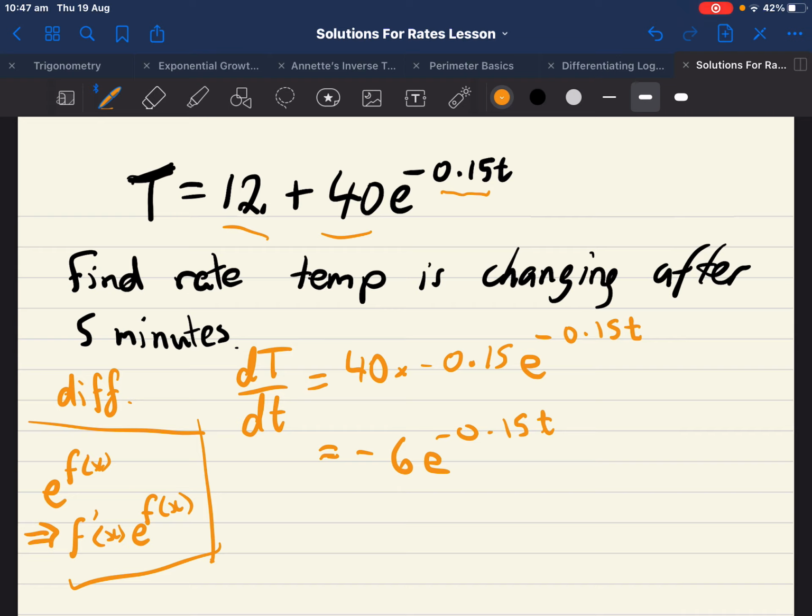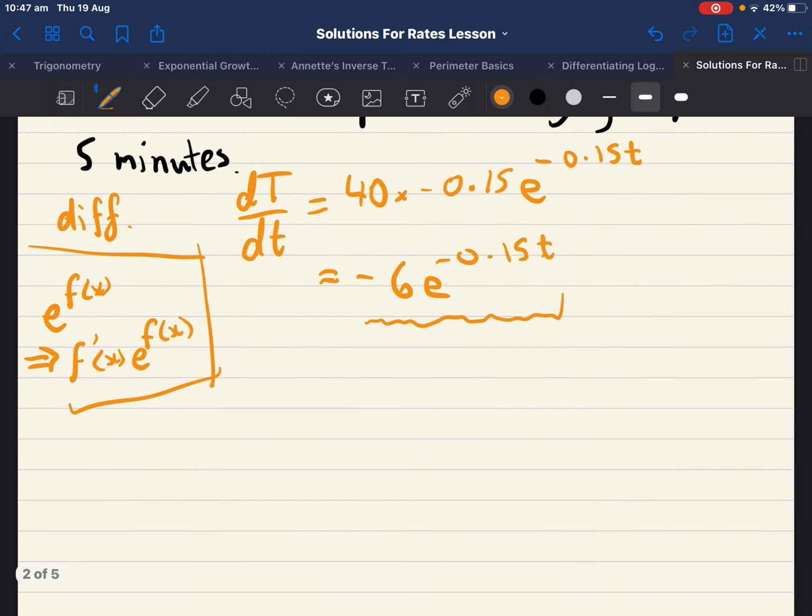All right, so we've differentiated the original formula. This here is not going to give us the temperature, it's going to give us the rate at which the temperature is changing. That's what we want to find after 5 minutes. So we just let t equal 5, in other words 5 minutes.